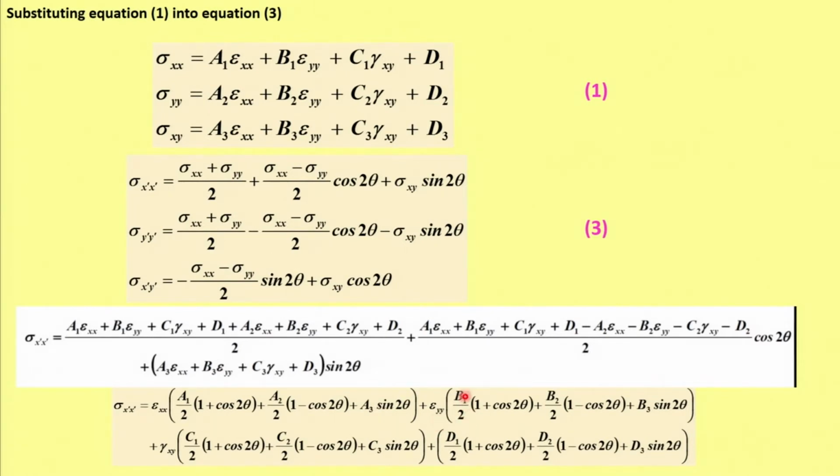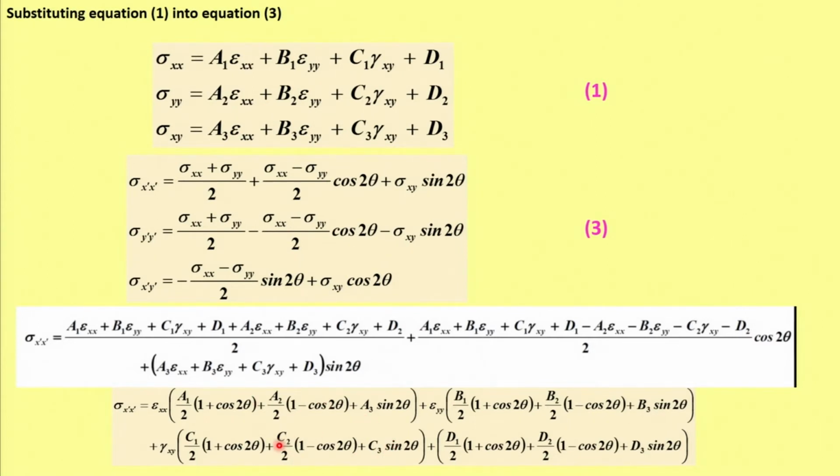similarly I can write for epsilon yy: b1 by 2 into 1 plus cos 2 theta, b2 by 2 into 1 minus cos 2 theta, plus b3 sin 2 theta; and for gamma xy: c1 by 2 into 1 plus cos 2 theta, c2 by 2 into 1 minus cos 2 theta, plus c3 sin 2 theta.